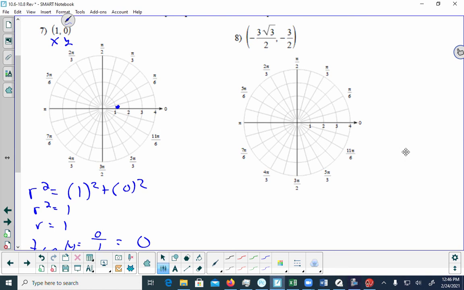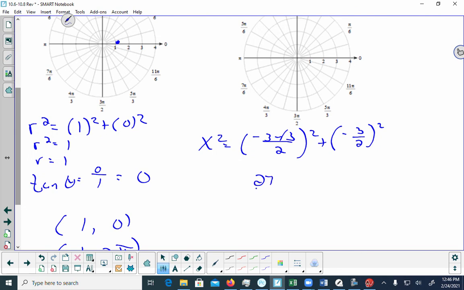And now I have the ordered pair with negative square root of a half, so I'm going to say square. So when I do that, I end up with 27 fourths, 36 fourths.